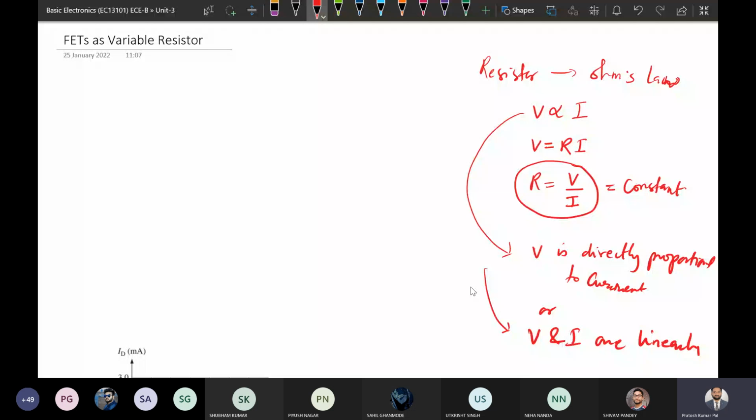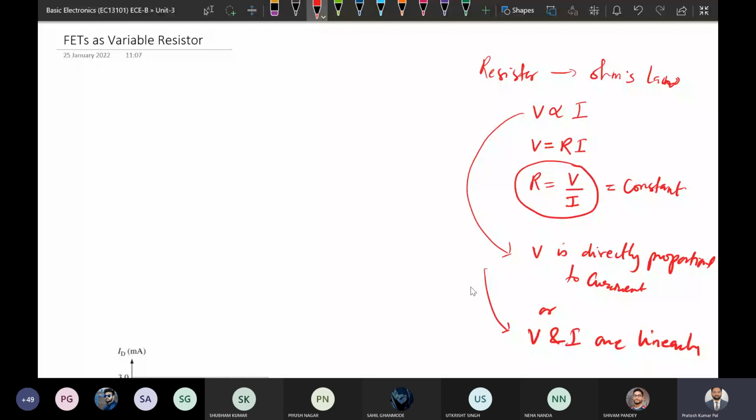Here the slope we are evaluating will be equal to Id1 divided by Vds1, which is greater than Id2 divided by Vds2, which is greater than Id3 divided by Vds3.